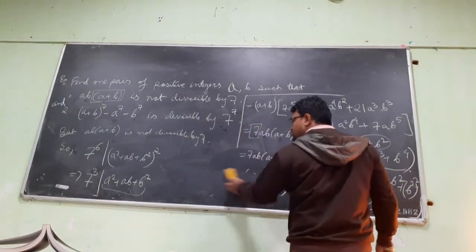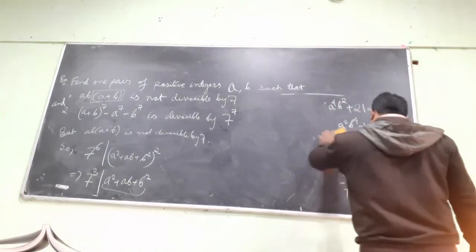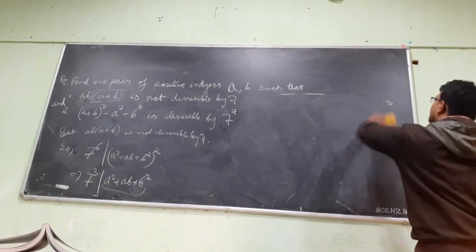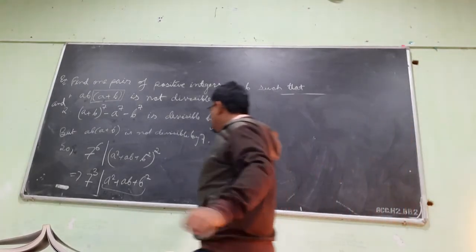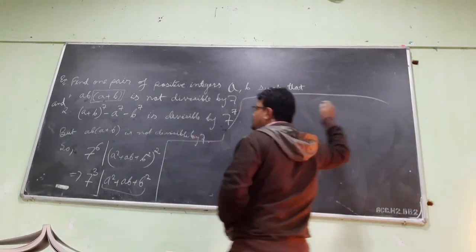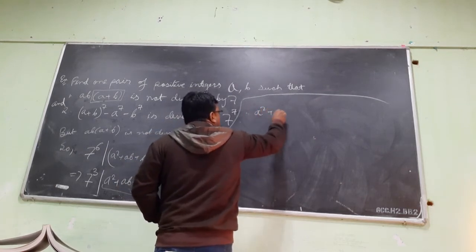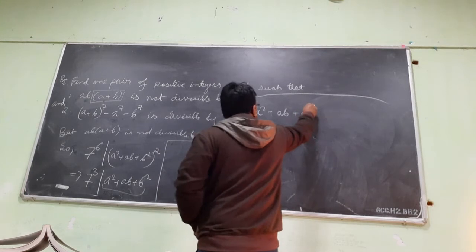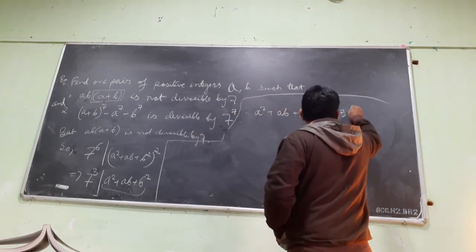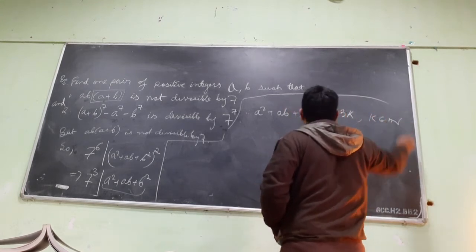So 7 to the power 3 is dividing this quantity. Therefore a square plus ab plus b square is equal to 343 times k, where k is some natural number.